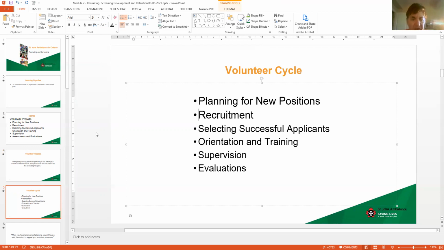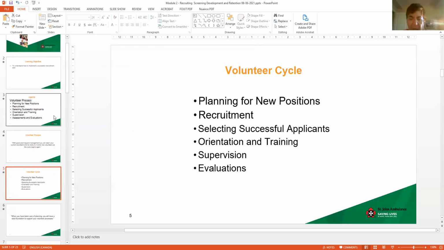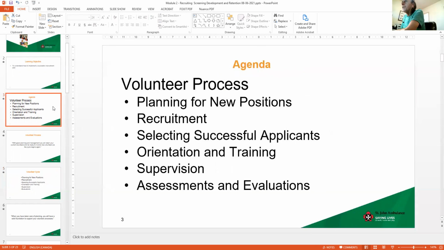That's the same as the agenda. Look at this. Same thing. Yeah. And when you look at it that way, the volunteer cycle makes sense. So those two are the same, repetitive, unnecessary. All right, take out the first and the second one.